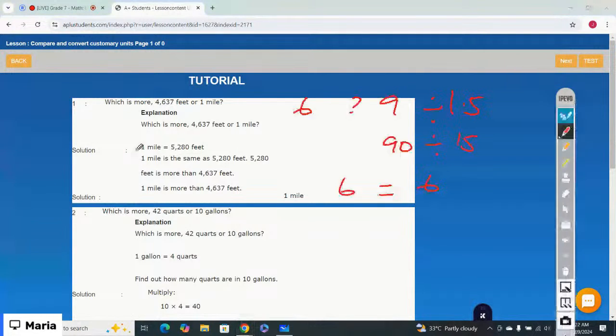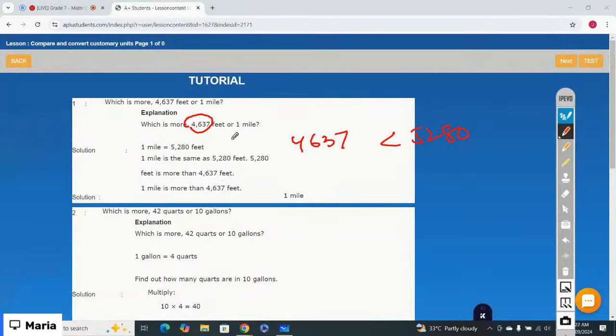So, 1 mile is 5,280 feet, right? So, 4,637 is less than 5,280. 1 mile equals 5,280 feet.